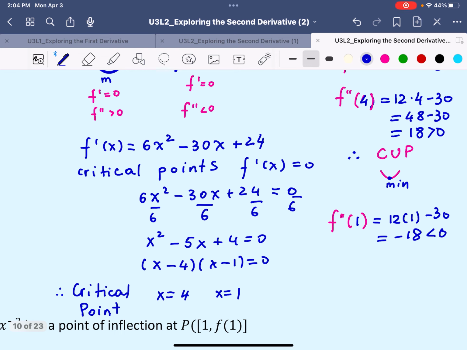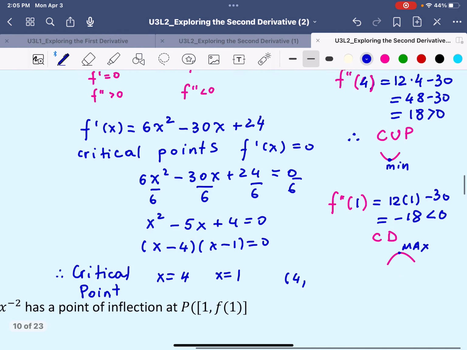What that means is that the second derivative is negative, which makes the concavity concave down, which means that the graph is going to look like this in the interval where this point is located, which tells us that at x equals 1, the function will show a maximum.